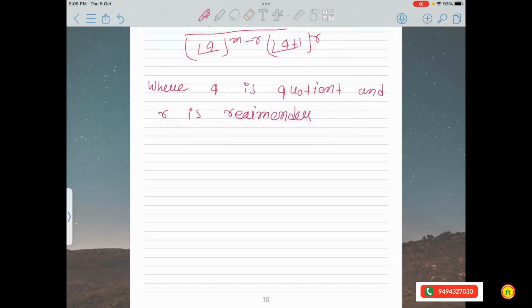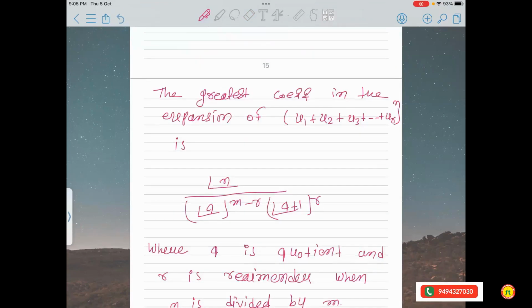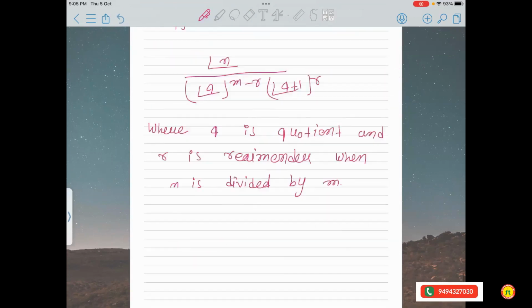Remainder when n is divided by m, where m is the number of different terms. If we have x plus y plus z, it means m equal to 3.